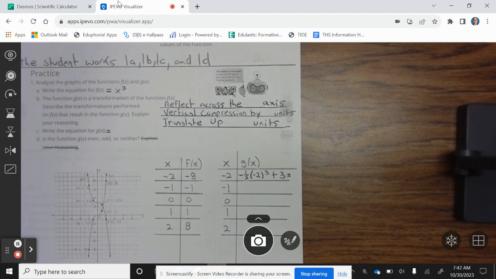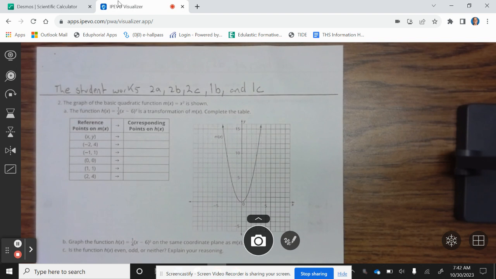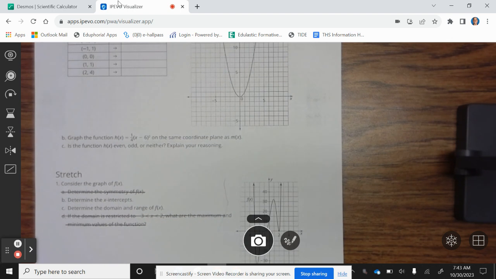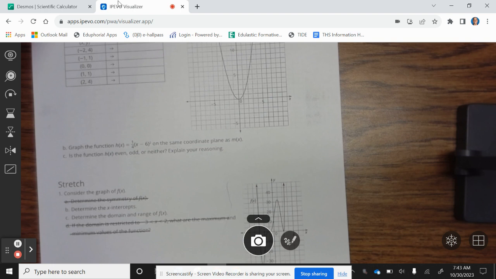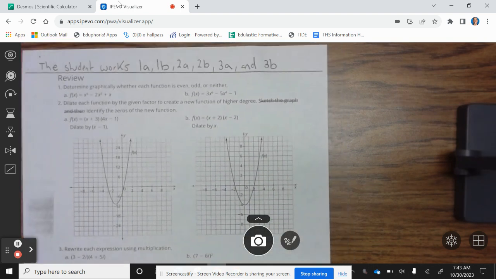All right, let's take a look at the next page. The student works 2A, 2B, 2C, 1B, and 1C. All right, let's take a look at the next page. The student works 1A, 1B, 2A, 2B, 3A, and 3B.